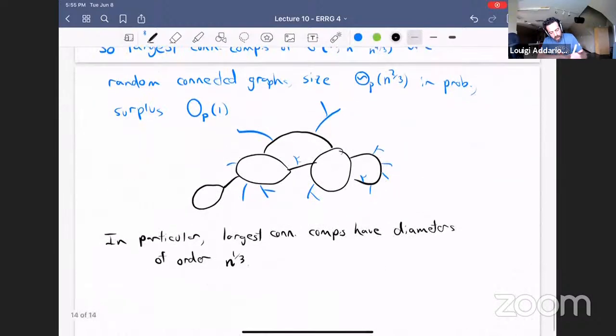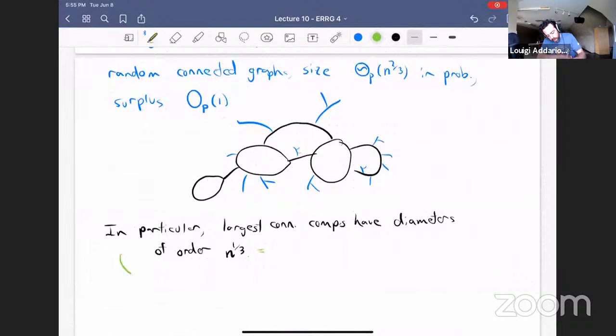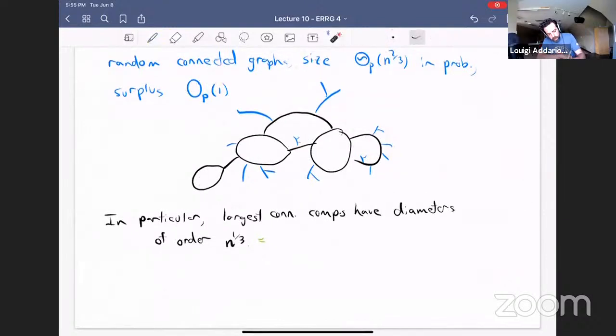This is a statement I haven't quite justified, but we saw that for trees and graphs of this form, the lengths of these paths and the lengths of these sticks were all of order square root of the number of vertices. So here, when the number of vertices is n to the 2/3, the lengths of these sticks and paths will be of order n to the 1/3. This is a trivial comment, but the point is that this is square root of n to the 2/3.